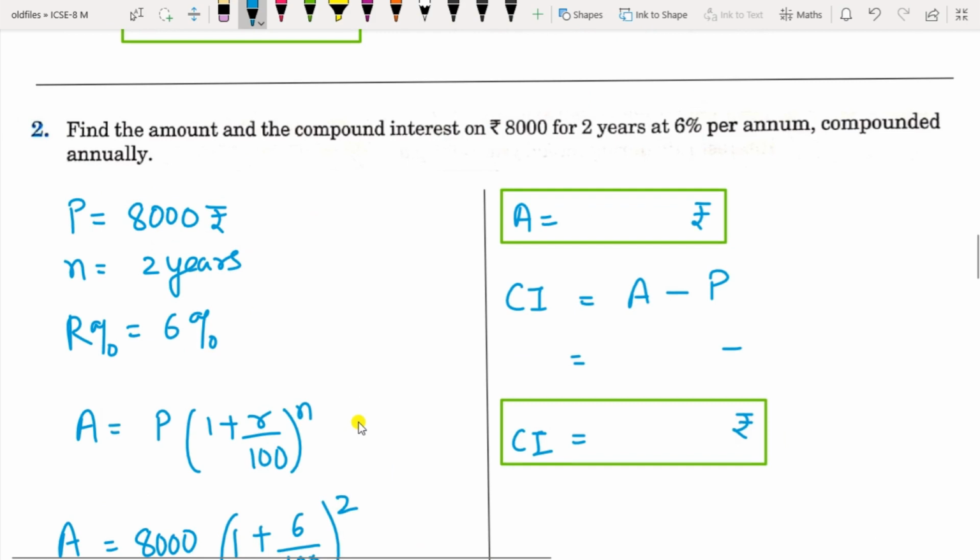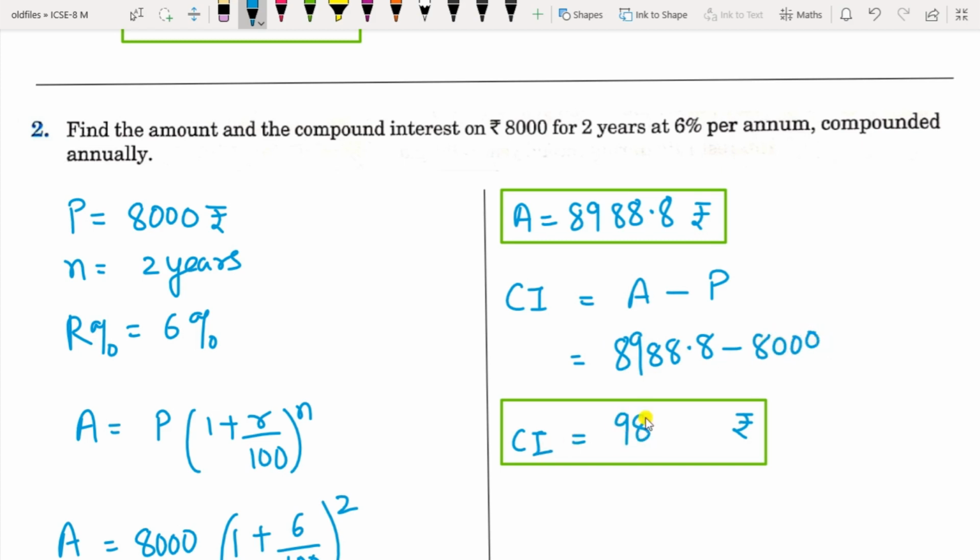So you will get the amount equal to 8988.8 rupees. Okay. Therefore CI will be equal to 8988.8 minus 8000, that will be 988.8 rupees. That much is the compound interest.